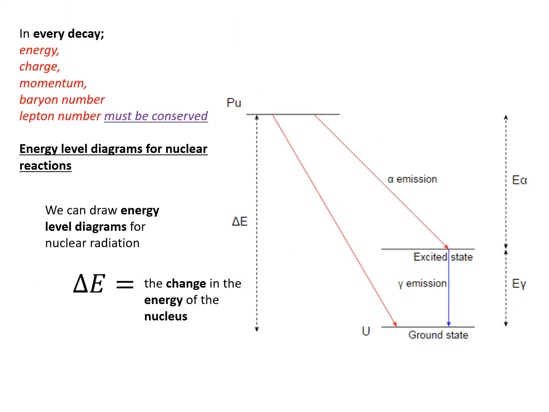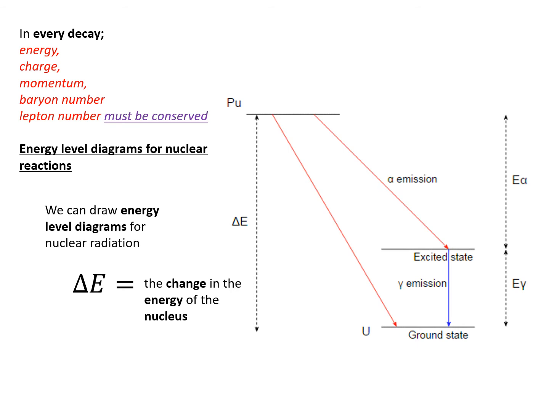In every decay, energy, charge, momentum, baryon number and lepton number must be conserved. And we can represent the decay by an energy level diagram for the nucleus. Each flat line represents an energy state that the nucleus is in. And we draw arrows between them to show how the energy of the nucleus is changing.